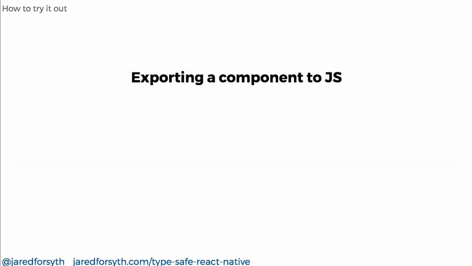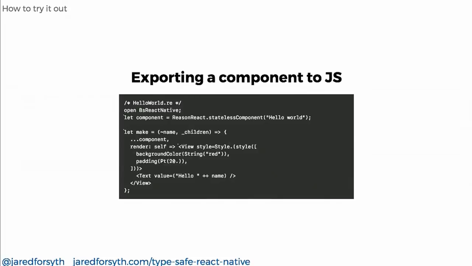And so if you're writing a Reason React Native component in Reason, and you want to use it from JavaScript, let's take a look at an example for that. This is a basic component. You create a stateless component. This won't have any state. We have our make function, which defines what the props are.